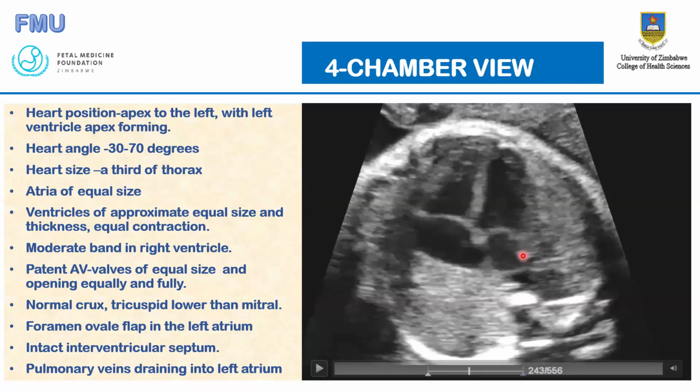It is reported in the literature that 80% of the cardiac defects can be identified by a proper examination of the 4-chamber view. So the 4-chamber view has to be examined properly if you are to pick 80% of the defects.